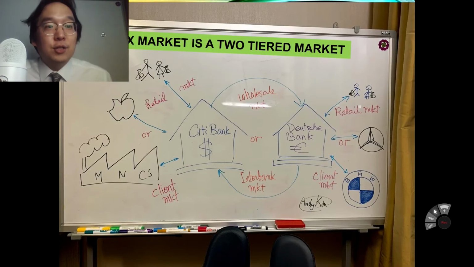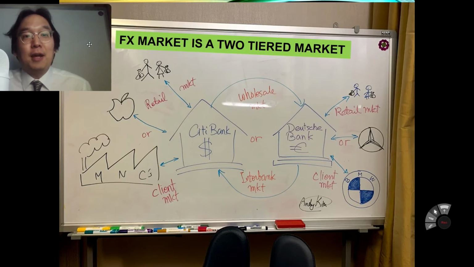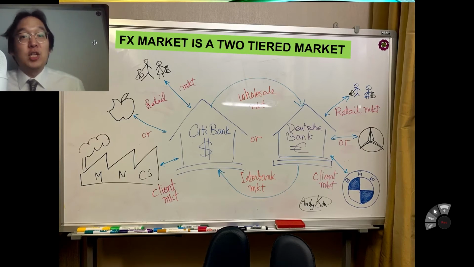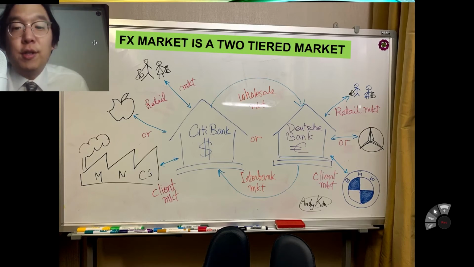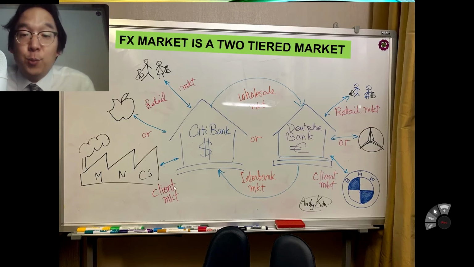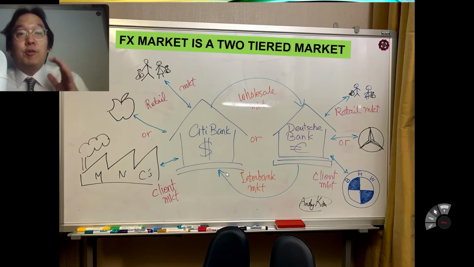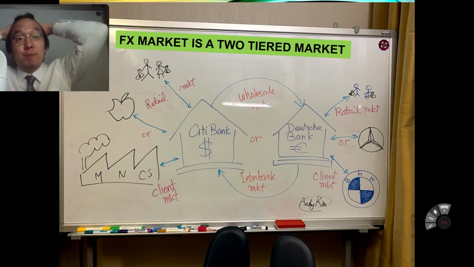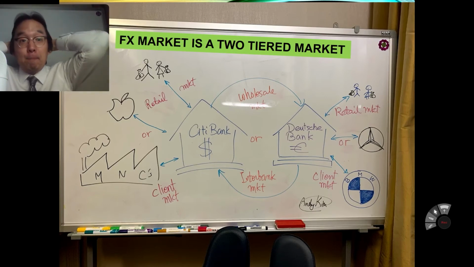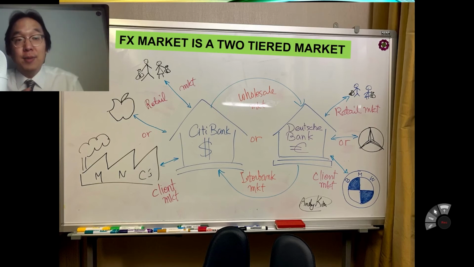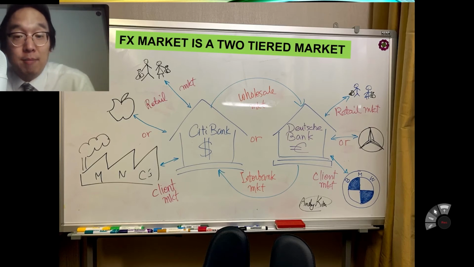Now, here I show you my diagram of the foreign exchange market. People say the foreign exchange market is a two-tiered market. What I drew on my whiteboard is like this, with two levels of players, two groups of players maybe. So the first tier of the market is something called the wholesale market or interbank market.